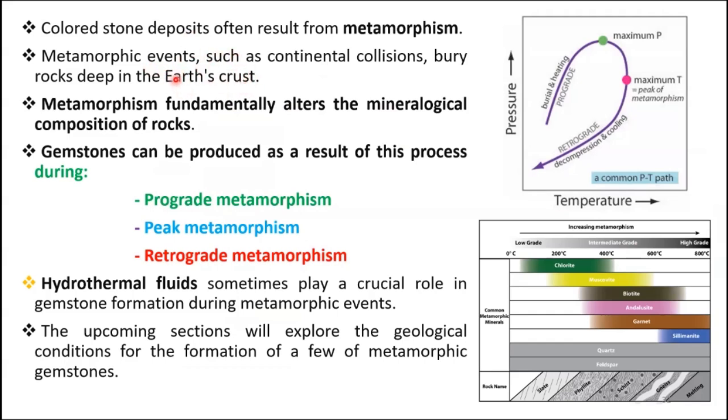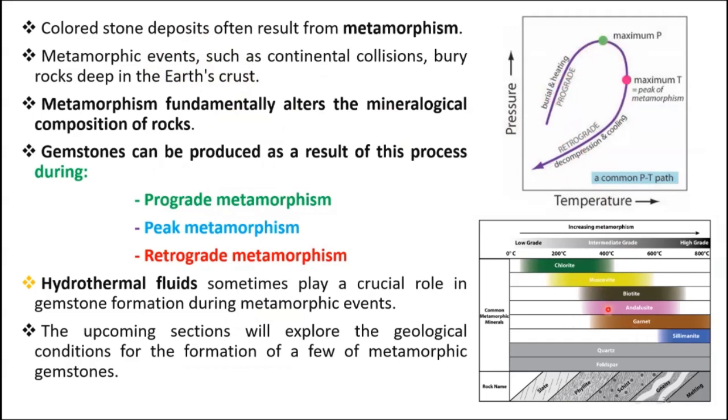New minerals can be produced, new textures can be produced. After studying the available minerals and textures in a metamorphic rock, or a series of rocks in a terrain, we can define the pressure temperature path, the PT path, as we call it. Here, what is happening is the pressure and temperature conditions experienced during its evolution.